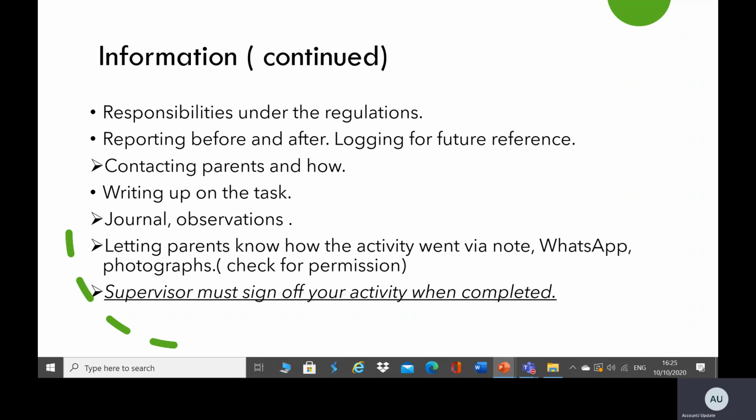And just one reminder: when you have your activity done and completed, and you're not going to look back on it anymore, make sure your supervisor signs it, that they sign that you did undertake this activity. That's very important. So don't forget it, because if you do, I'll be handing your assignment back to you.